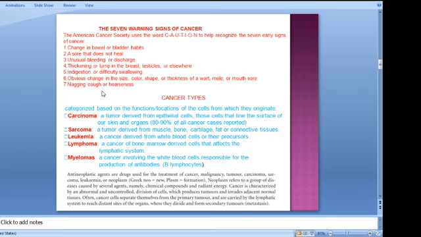So these all are the 7 warnings. These 7 signs are recognized by the American Cancer Society.